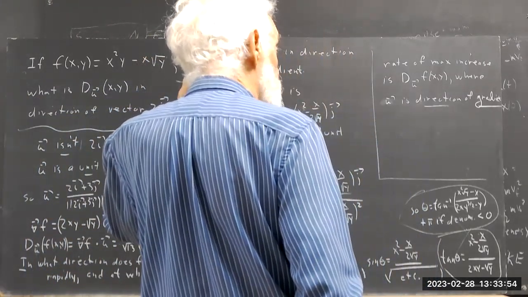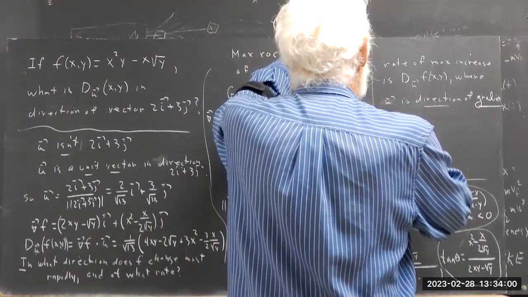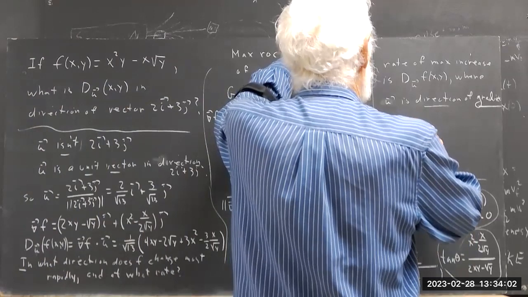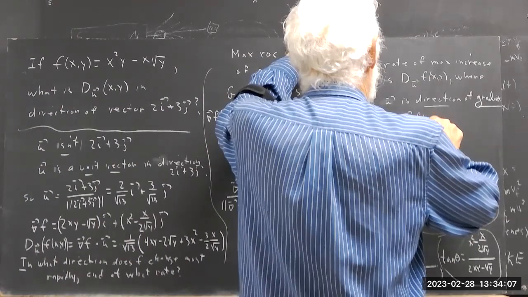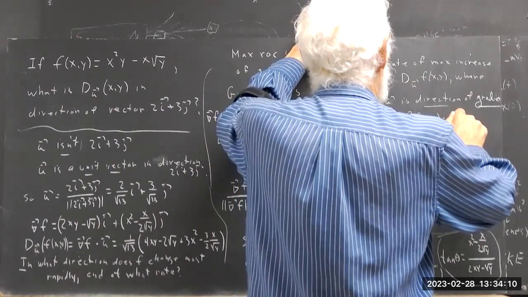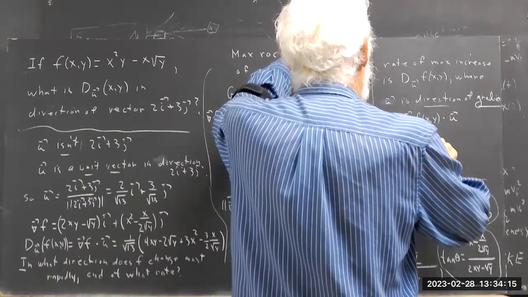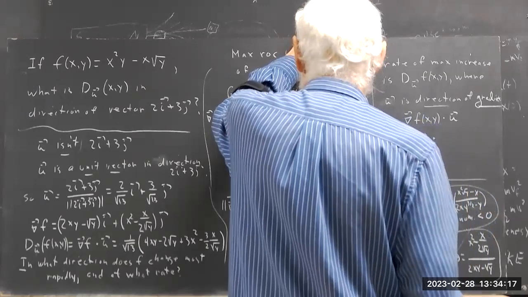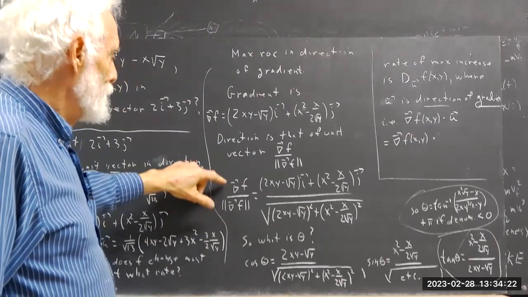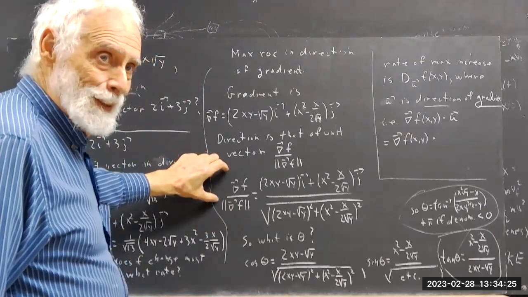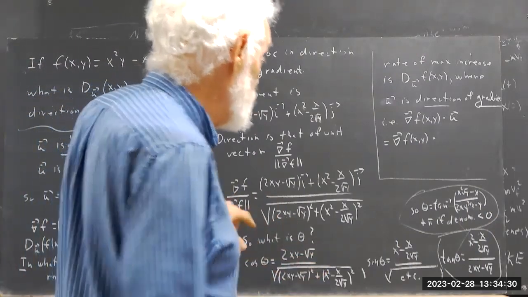Well, the directional derivative in the direction of the gradient is the gradient of f of x, y, dotted with this mess, right? The direction of the gradient is this.